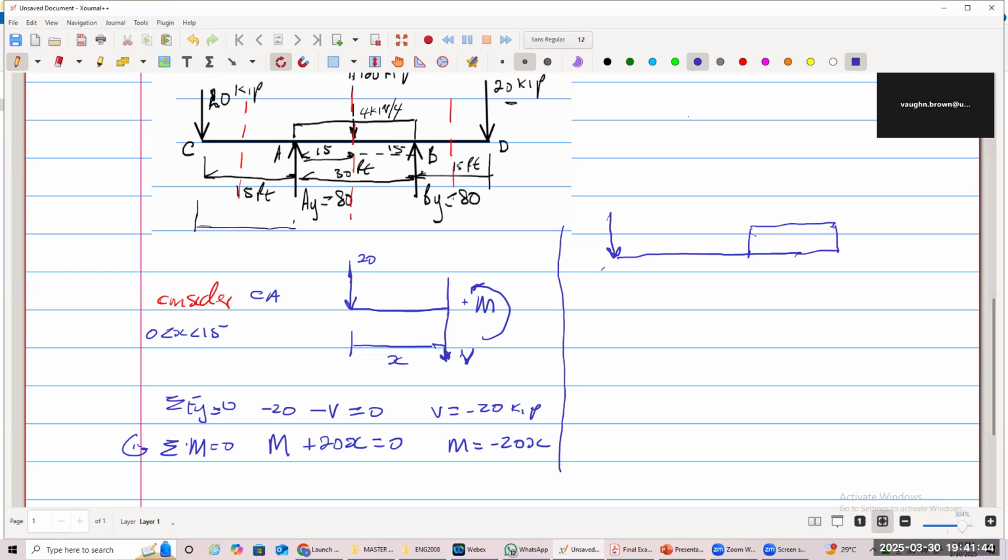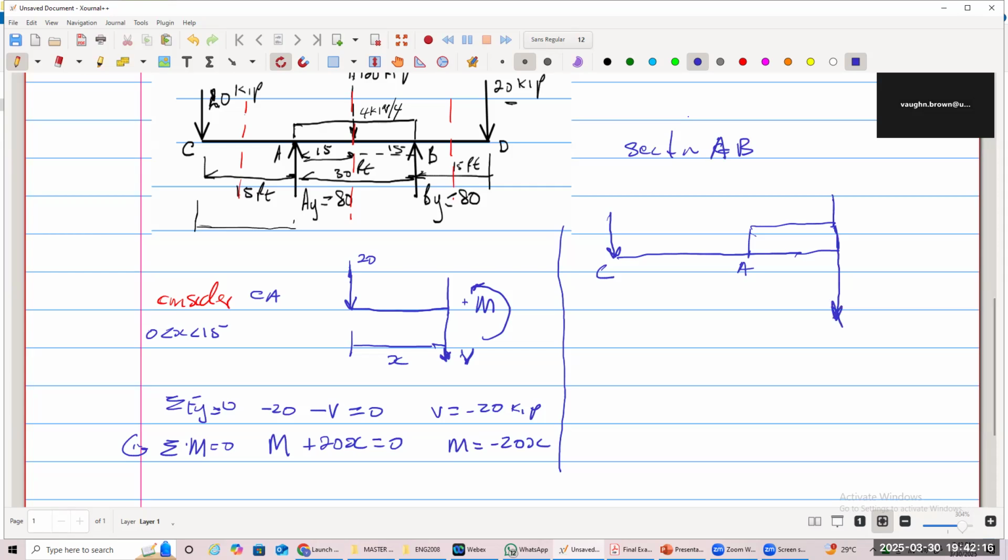So this would have been C, this would have been A, and suppose you cut it in AB. So the section that we are considering is section CB. I mean, not CB, AB, sorry. So you cut it in AB, right? So the cutting plane line is somewhere on here.